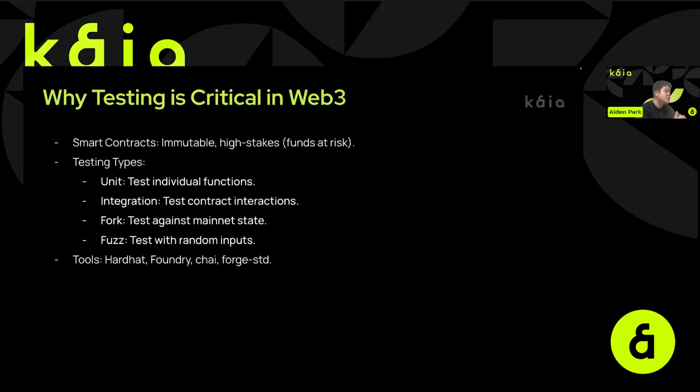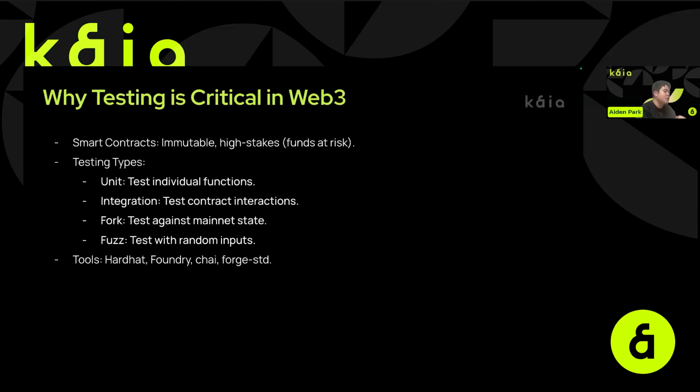If there are some bugs or security issues in the contract, and those contracts are not upgradable, then there is not much that we can do to handle those cases. Because of that, we need to test the contracts thoroughly before the deployment.